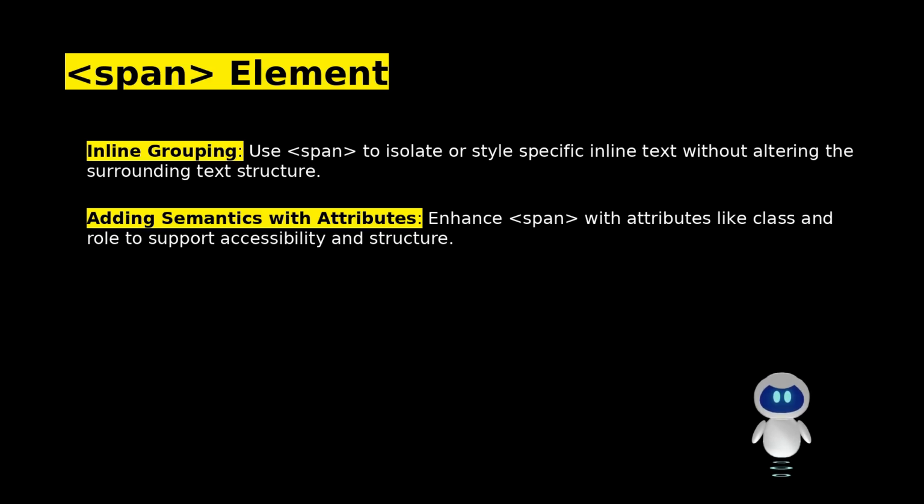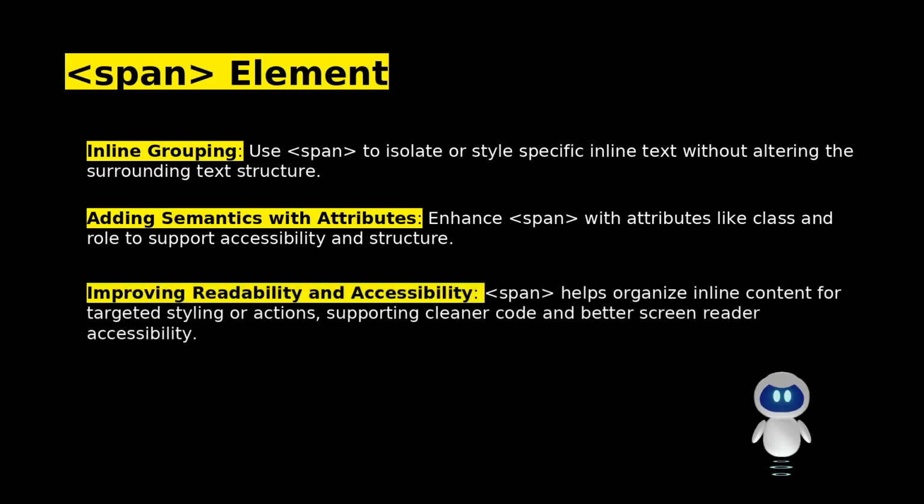These attributes can help provide additional information for accessibility tools and browsers, aiding both structural and semantic interpretation, enhancing readability and accessibility. Although the span element is generic, it is a fundamental tool for organizing content inline without imposing extra formatting or layout shifts.